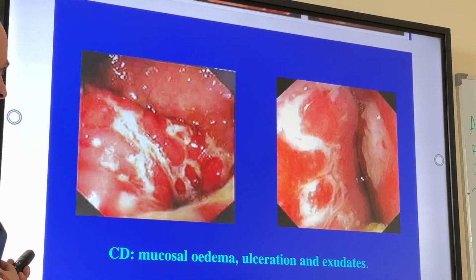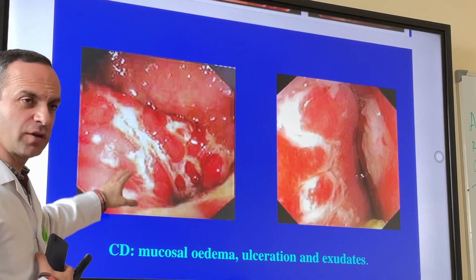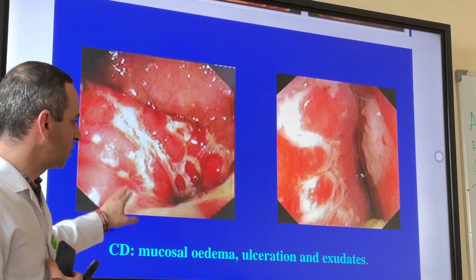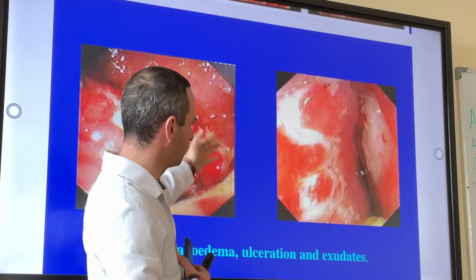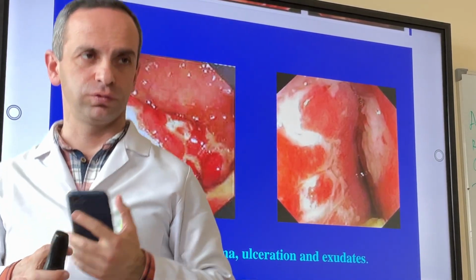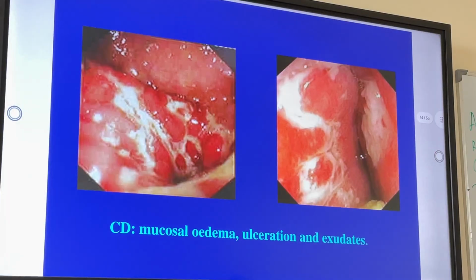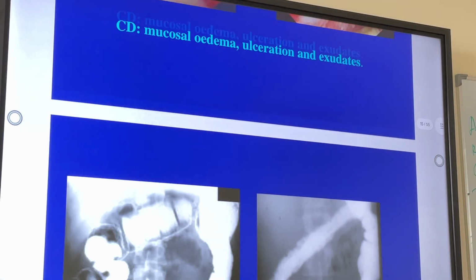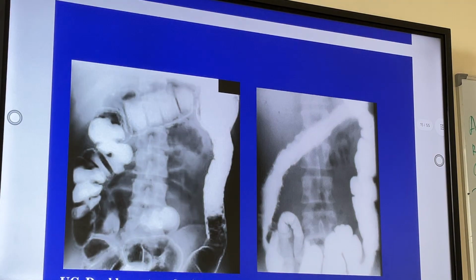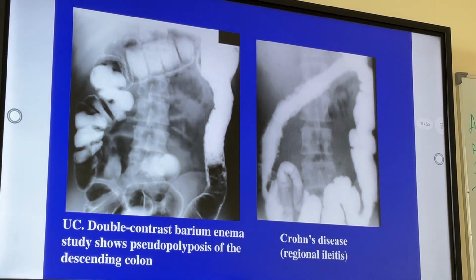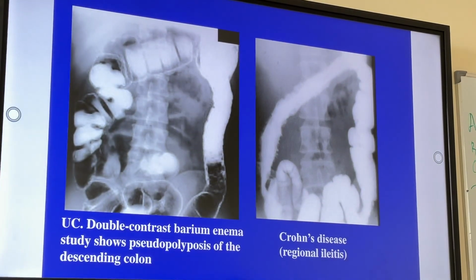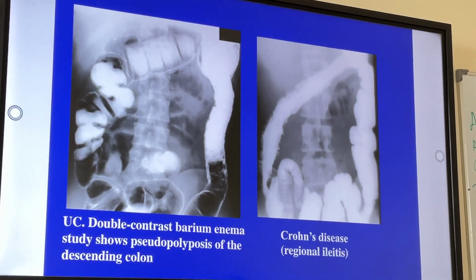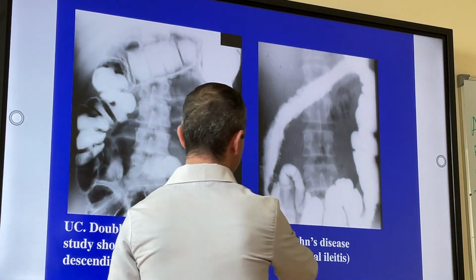Crohn's disease. We have ulceration and exudates, not only in the mucosal layer. You see this fluid on the mucosal layer. X-ray. Crohn's disease, regional ileitis, look especially at this part.